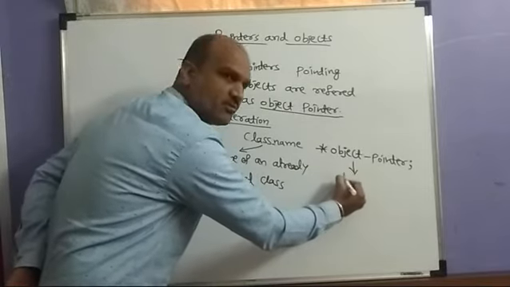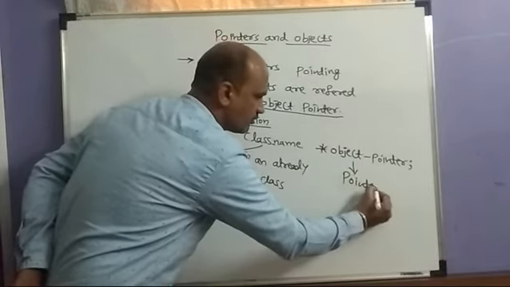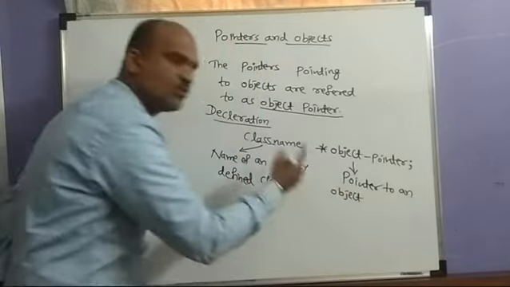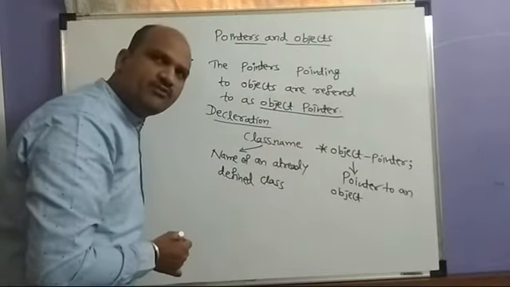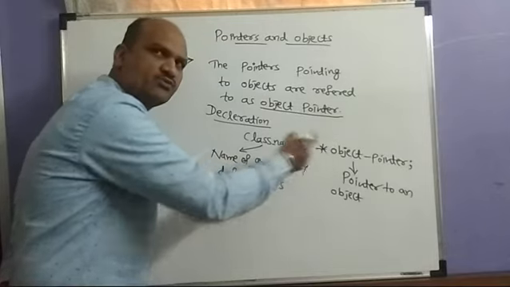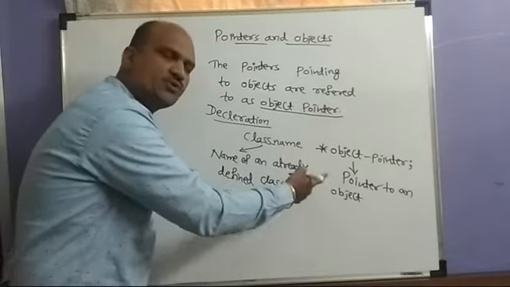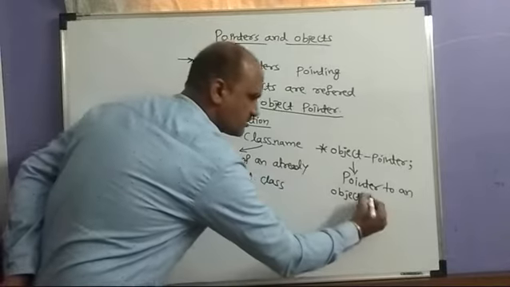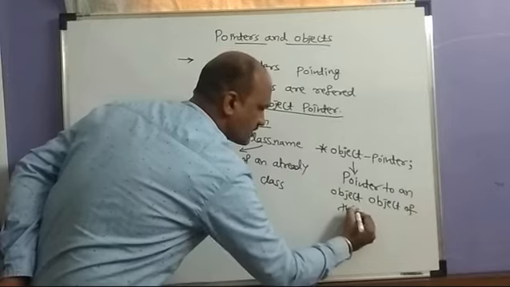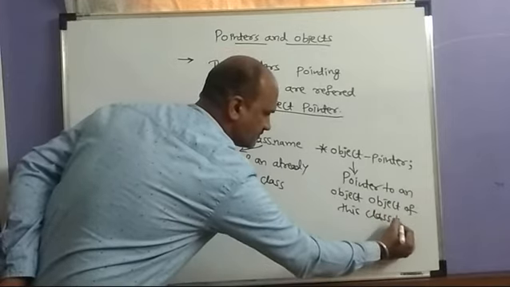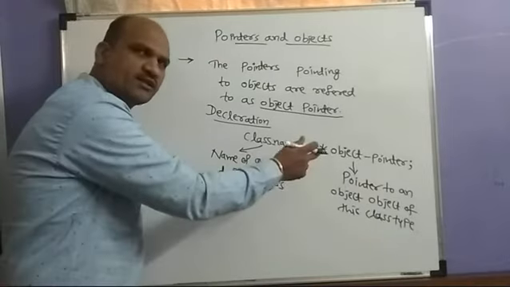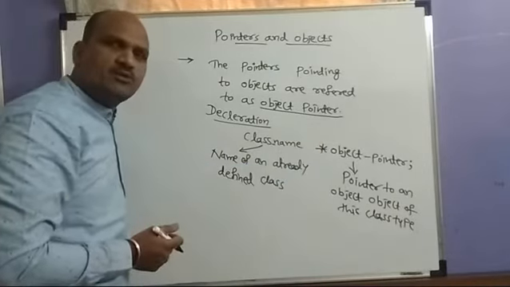So this tells us a pointer to an object, with the pointer operator, that is asterisk. Then we use the object pointer, which gives you a pointer to an object of this class type. Whatever class you are using, for that class the object pointer will be referred.